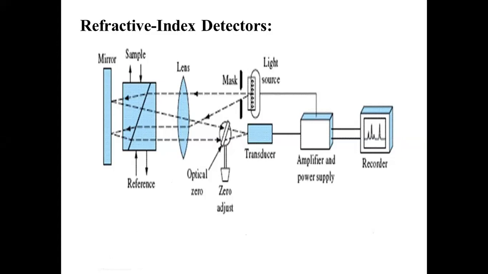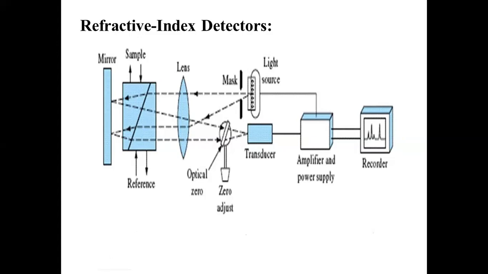So the deflection, or the difference between the refractive index of this particular beam and this particular beam, is going to be measured by means of the transducer, a meter-like device, which is utilized to amplify the signal, and at last we record the chromatogram. You do understand? Only the difference in refractive index between the mobile phase and the solute molecule in the presence of the mobile phase is going to be measured while using refractive index detectors.